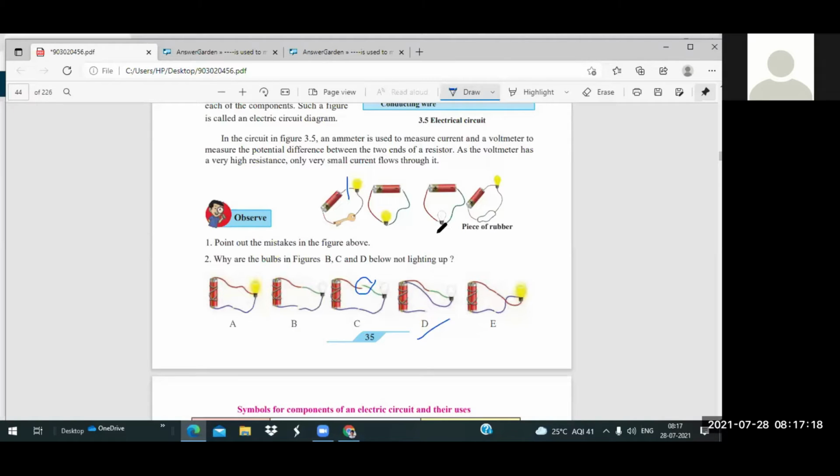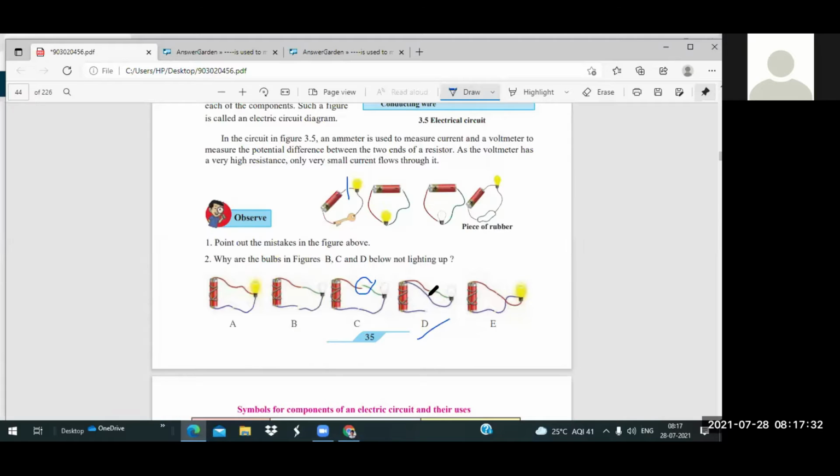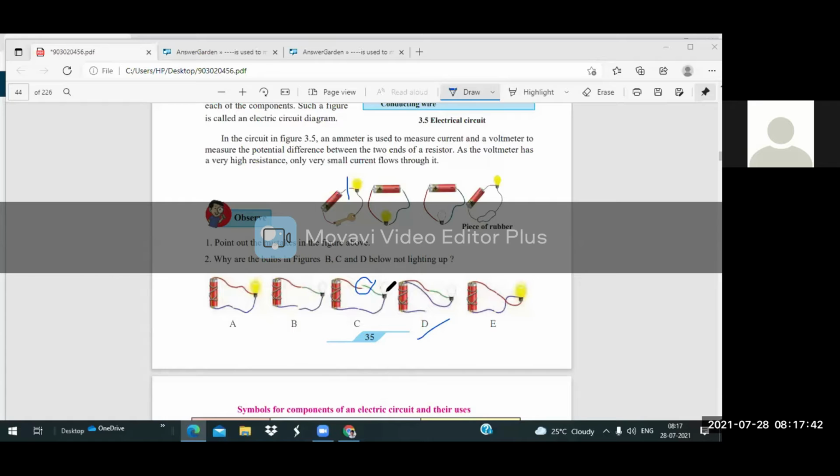In the fourth figure, we can say that the purple wire is connected to the first point, where the red and green wire is already connected. So the bulb is not lighted. Very good. Then Mahale, Ashish, can you tell?